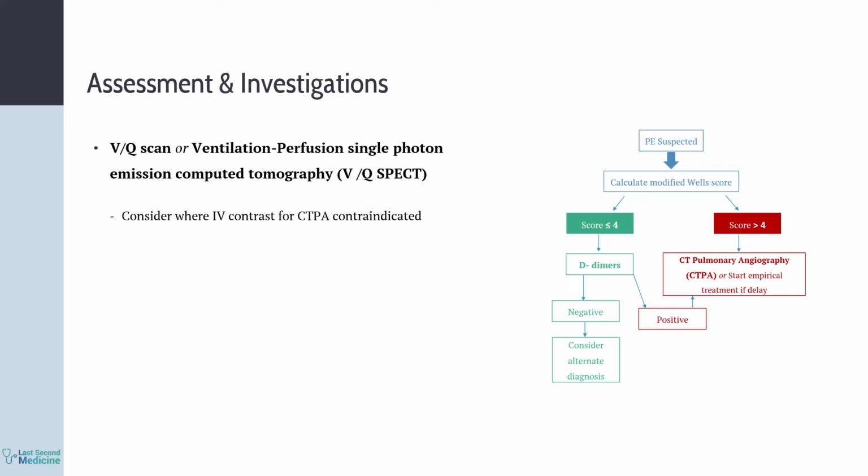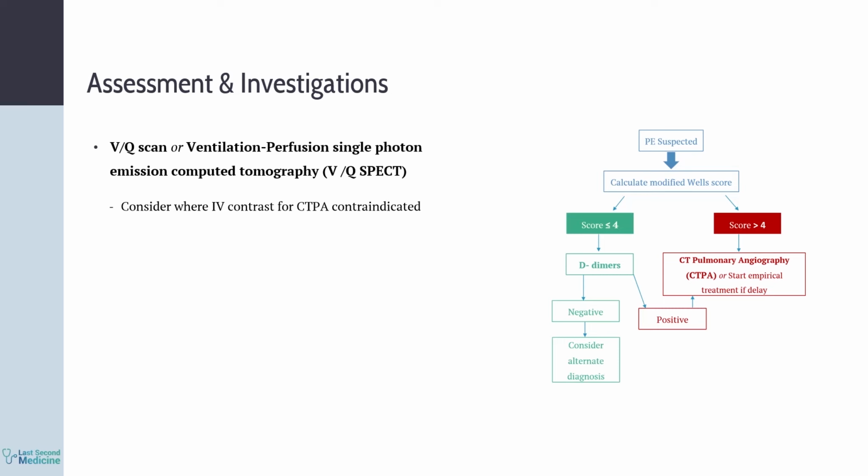A number of other investigations can be done. These tests are done to aid in the diagnosis or management, can show the effects of PE, may reveal the cause of PE, or may identify an alternate differential diagnosis. These tests include full blood counts, urea, electrolytes, and baseline clotting.